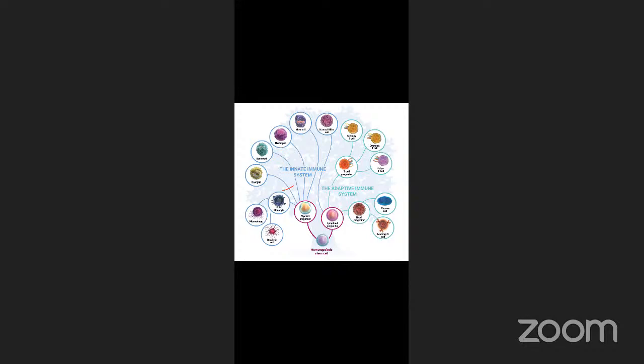Natural killer cells, or large granule lymphocytes, are cells which come under innate immunity, and they kill viral infected cells.